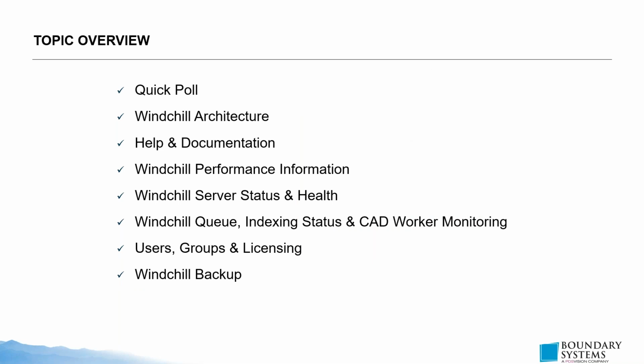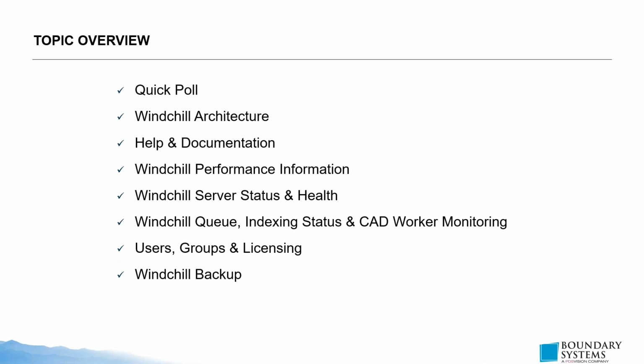So just what we're going to go through: another quick poll just to get some additional information from you guys, then we'll have a look at Windchill architecture, and some help and documentation, where you can find performance information related to Windchill, as well as health and server statuses.